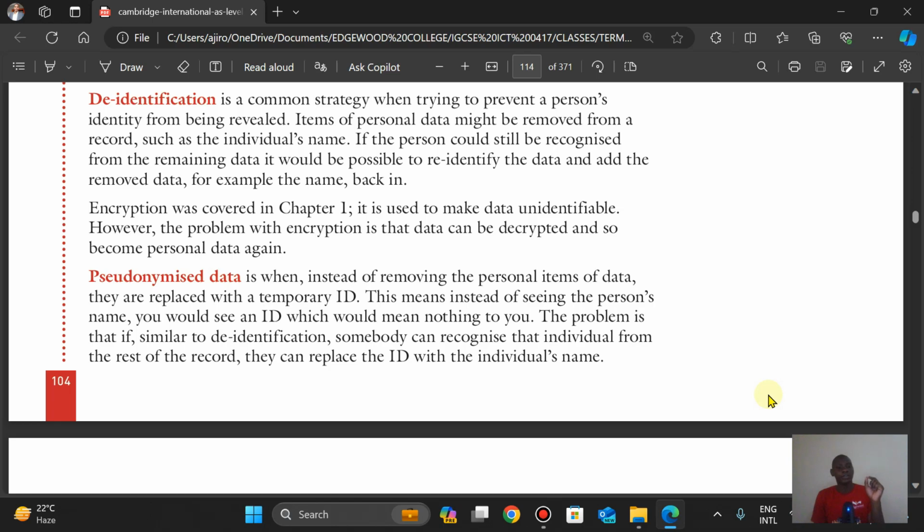But in pseudonymized data, we are removing personal items of data and replacing them with a temporary one. You have an ID that shows your picture but a different name. So in Ukraine, you're known as Slafford. In France, you're known as Lafont.